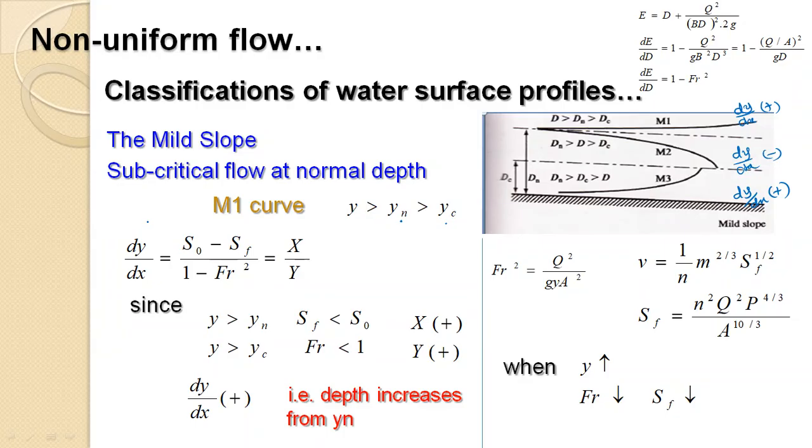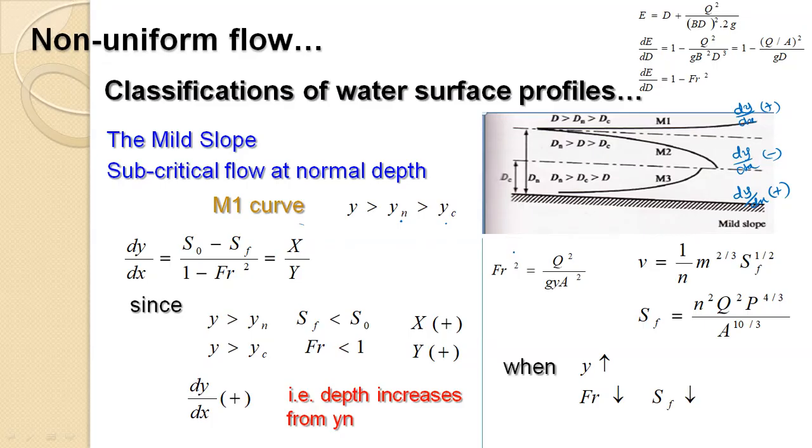Now, according to my analysis for the gradually varied flow, dy by dx equals S0 minus SF divided by 1 minus the square of the Froude number. So let me say the numerator is x and the denominator is y, and I want to see the magnitude, then the sign of x and y accordingly.